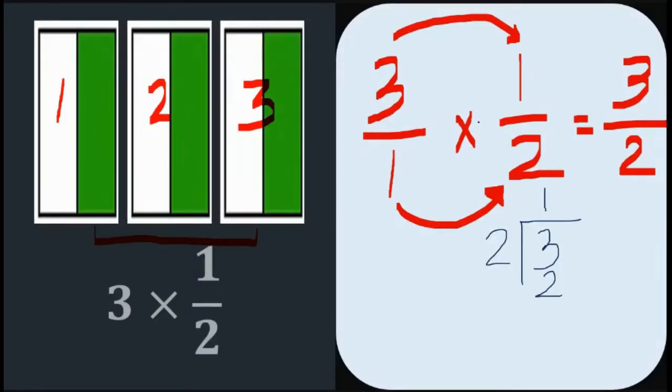Let me repeat, in multiplication, you need to multiply numerator to numerator and denominator to denominator. So, 3 times 1 is 3, and 1 times 2 is 2. Since this is an improper fraction, you need to make it a mixed number. How? 3 divided by 2, you're going to use the long method in division.